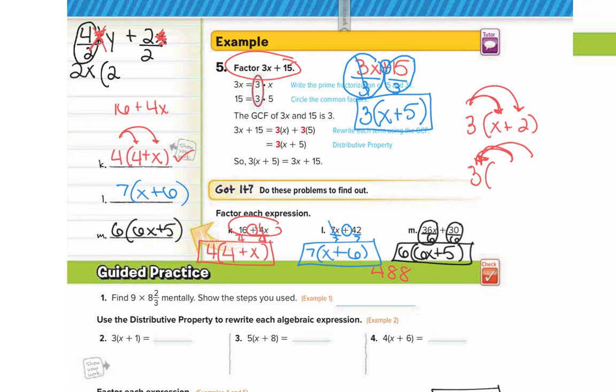So I'd be left with 4 divided by 2, which is 2, and I'd be left with y. Plus 2 divided by 2 is 1. And again, we took out the x. So I would be left with 2x times 2y plus 1. You probably won't see many problems like that, but just in case, that's an example of one.